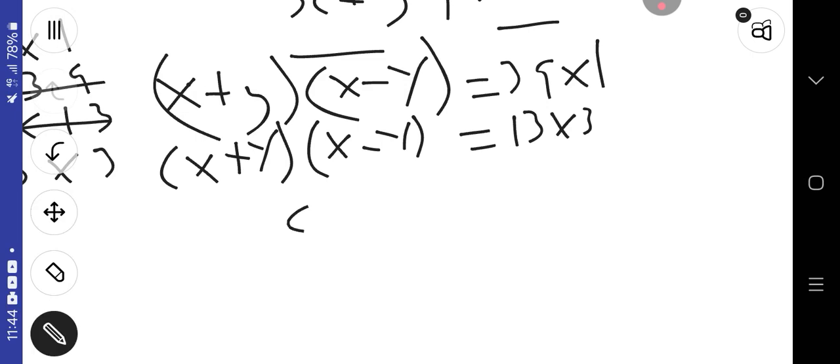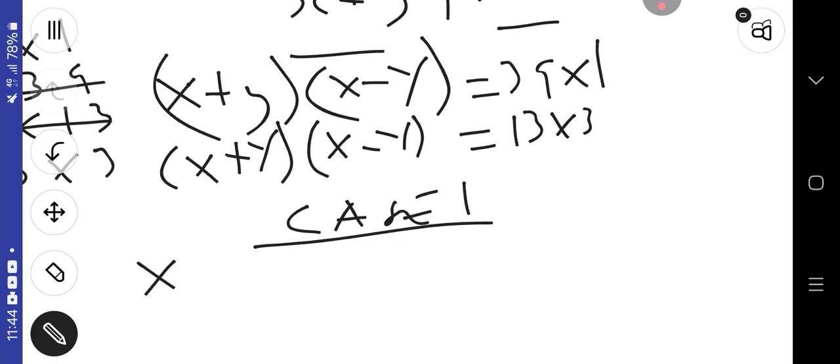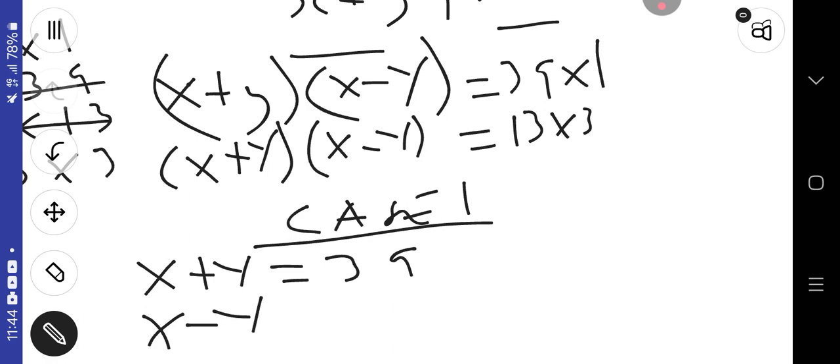From case 1 we can say x plus y is equal to 39, and then x minus y is equal to 1.